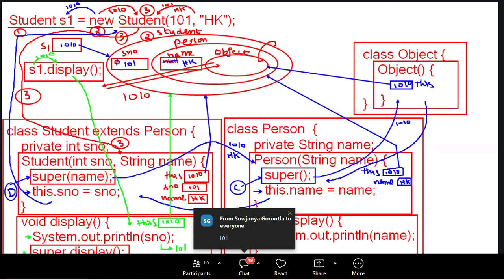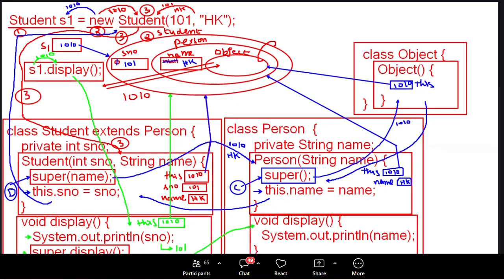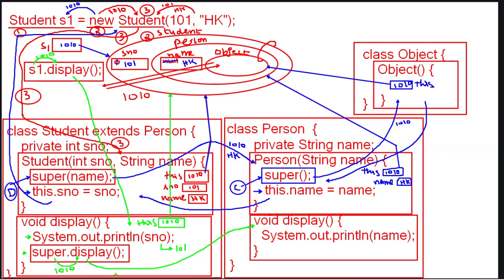Next, super dot display. The super keyword calls the superclass display method by passing the current object reference, stored here also in the this keyword, pointing to the Person class memory.